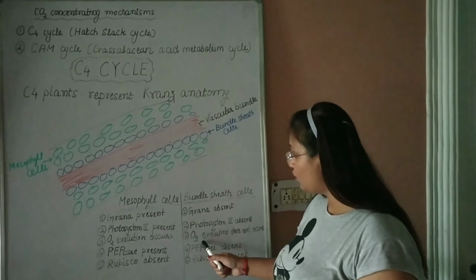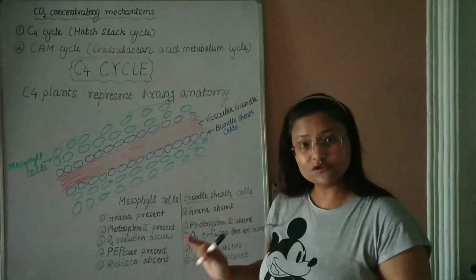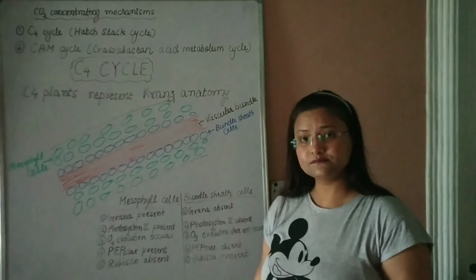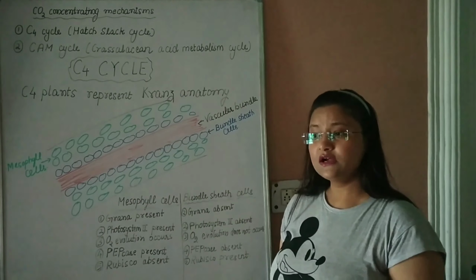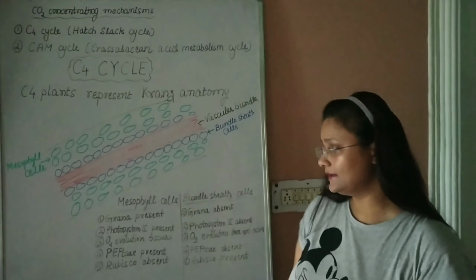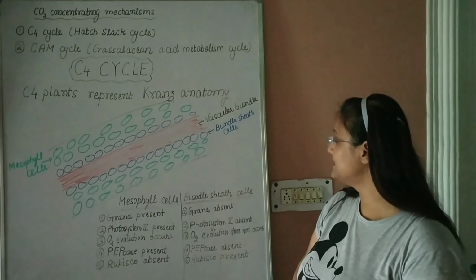Now, where O2 evolution is not occurring, there only Rubisco is present. So that's how Rubisco and oxygen contact is blocked, so that oxygenation won't occur and plants do not incur loss of carbon. So now that's about the basic introduction.